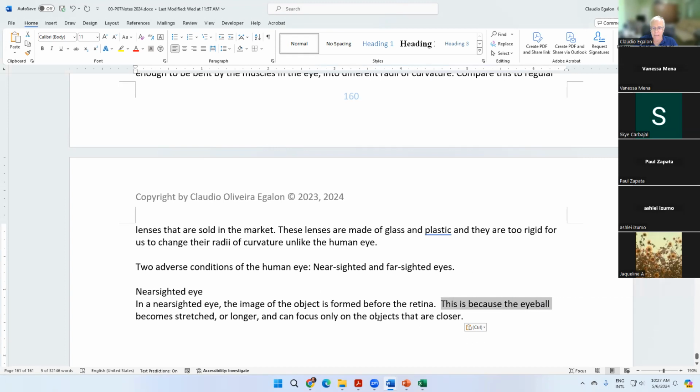And the lens of the eye is not powerful enough to focus the image at the retina. For this reason, in a nearsighted eye, we can only focus the light from objects that are closer.